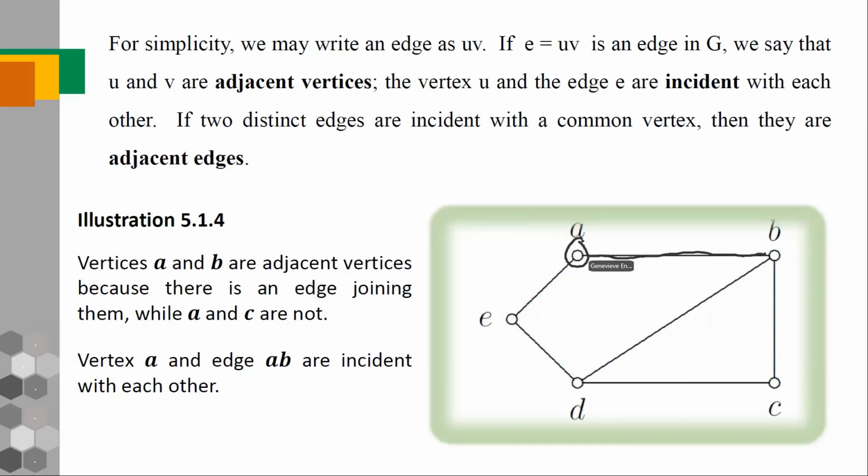So pasabot, si vertex A and edge AB are incident with each other. Kay connected silang duha. So pag edge ug vertex imuhang i-describe na connected, they are incident with each other. Pag ang duha ka vertices imong i-describe as connected silang duha, ang tawag ana is adjacent vertices. Okay? So I hope nasabtan.